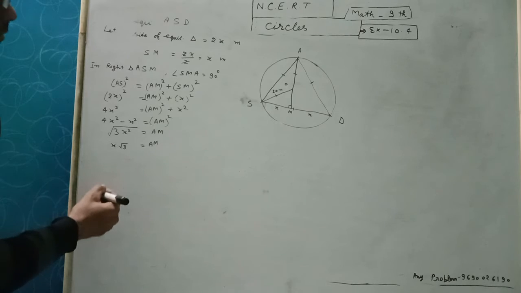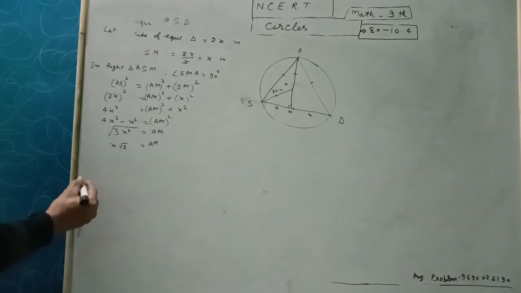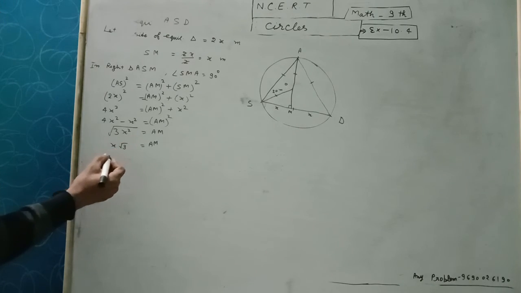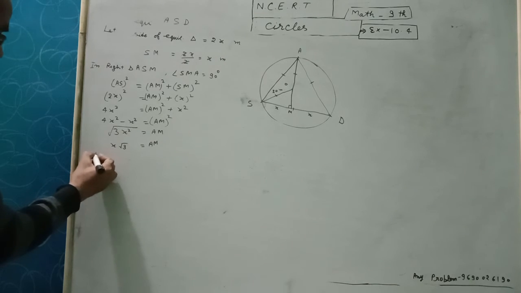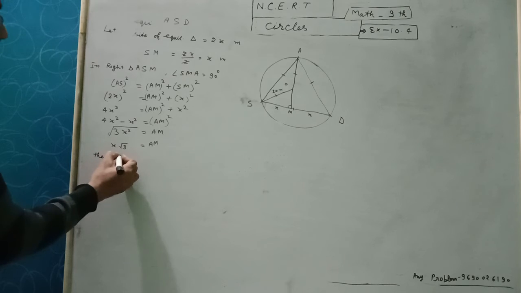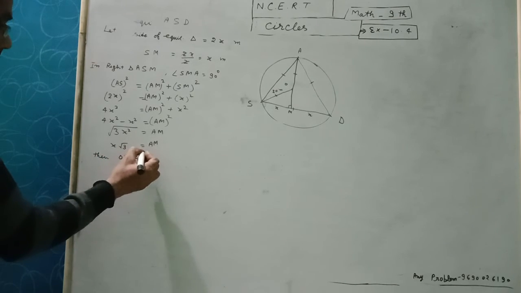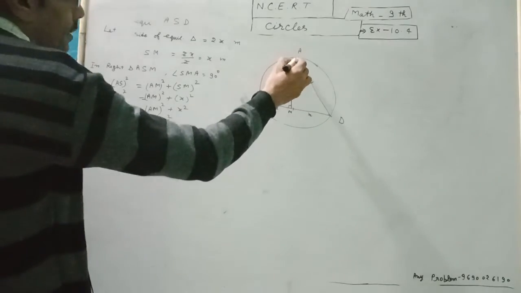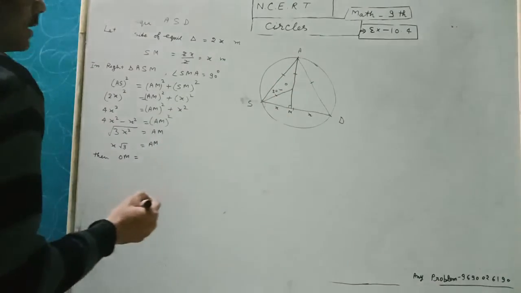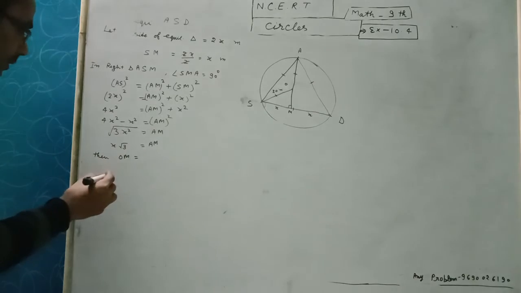AM is the height of the equilateral triangle and AM is x under root 3.